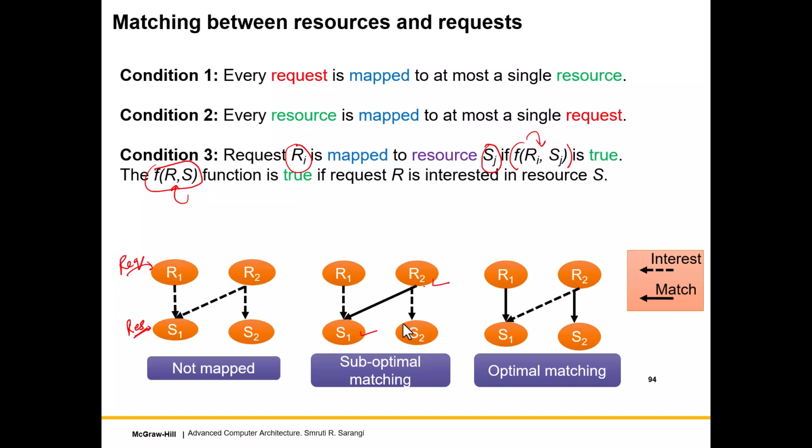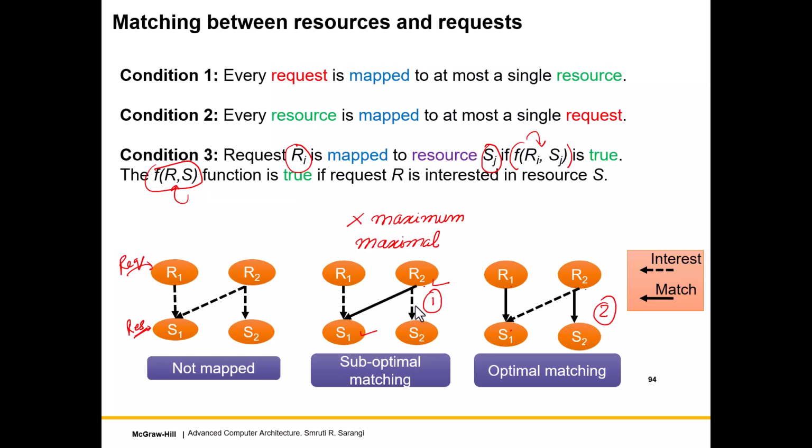So this matching that you see over here is maximal, in the sense that we cannot convert any more interested edges to matched edges, but it is not maximum. We will see a maximum exists. The maximum is over here, where we map R1 to S1 and R2 to S2. In this case we have 2 matchings, whereas in the previous case we have only 1.